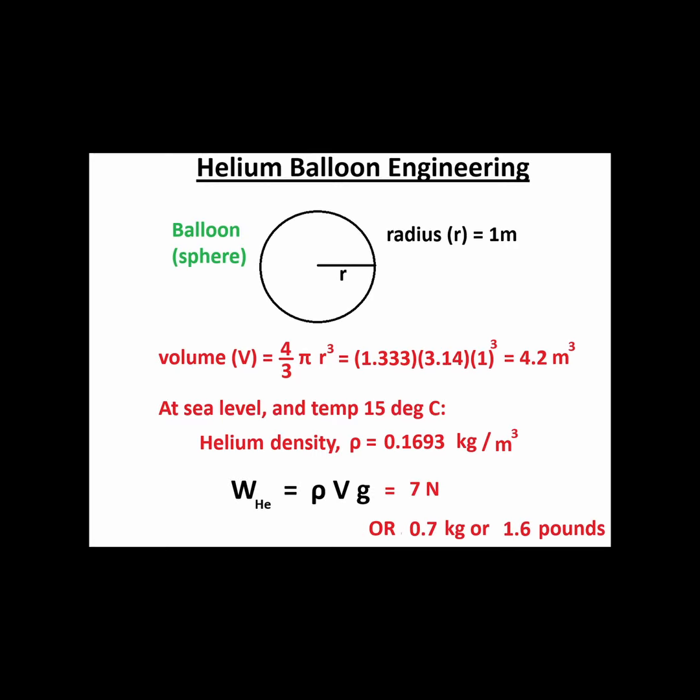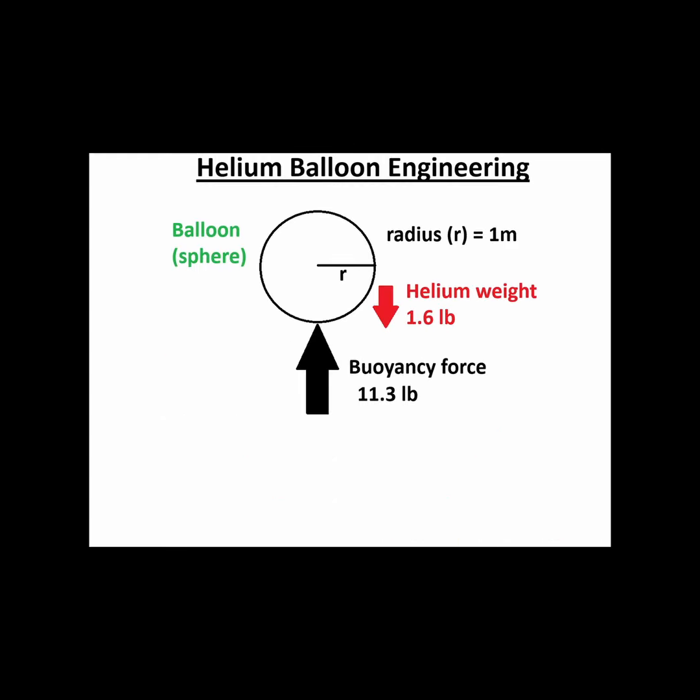The weight of helium for the volume of the balloon is 7 newtons, meaning it weighs about 0.7 kilograms or 1.6 pounds. Thus, if we take the mass that can support our buoyancy force being 11.3 pounds and we subtract 1.6 pounds of helium, that leaves approximately 9.7 pounds for the rest of the balloon materials and any additional payload it is expected to carry.